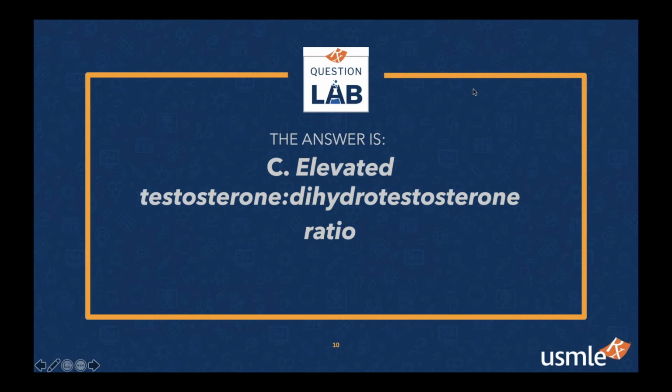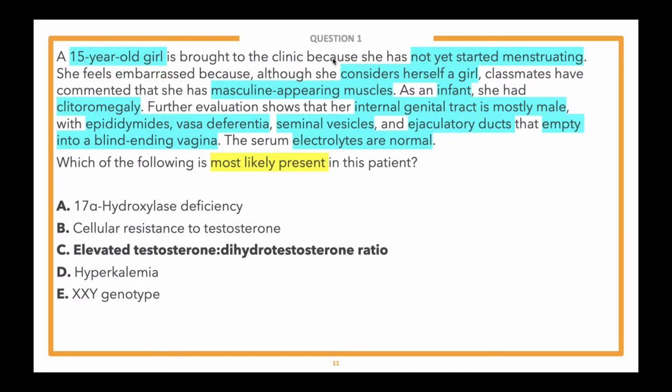Thank you, Sean. Yes, nice job, guys. This is definitely a tough question. So let's take a look at that vignette again, okay? So we know that this patient has male internal genitalia, okay? They said that the internal genital tract is mostly male, okay?